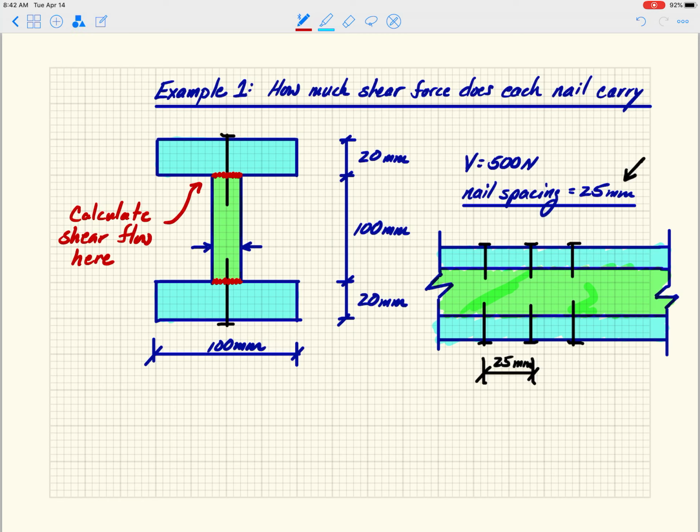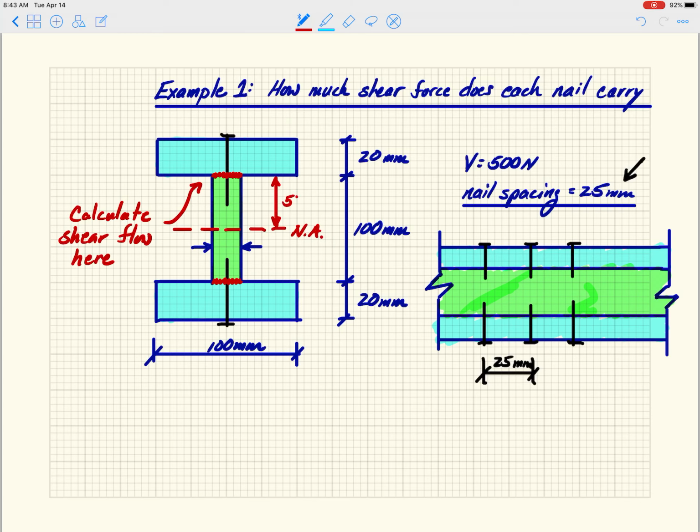Okay, so a couple things we've got to do here. We've got to identify the neutral axis. In this case, it's pretty straightforward because, again, it's a symmetric section. So that's our neutral axis. And then for the height of the section that I want to calculate the shear flow across, I need to know how high that is above my neutral axis.